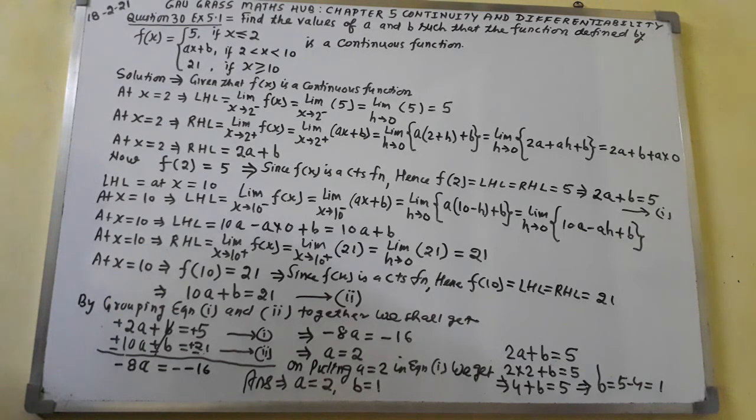In this question we were asked to find the values of a and b. The answer is a equal to 2 and b equal to 1. Okay guys, thanks.